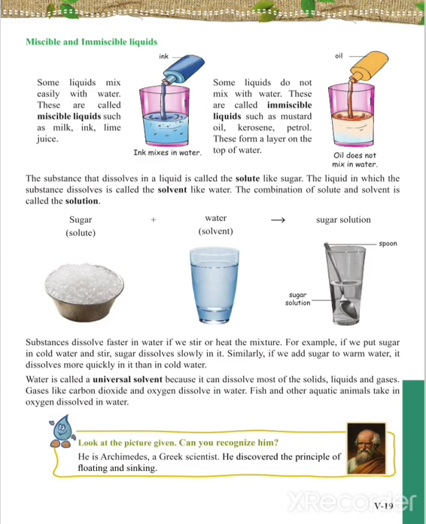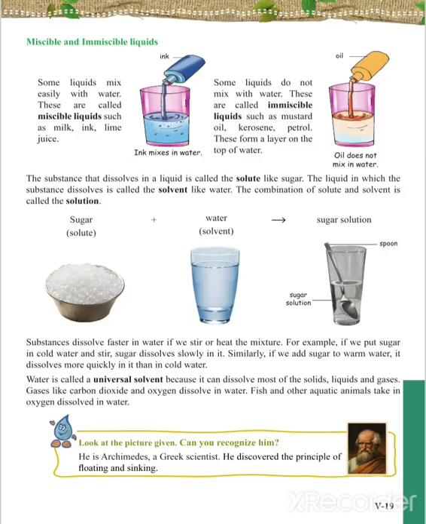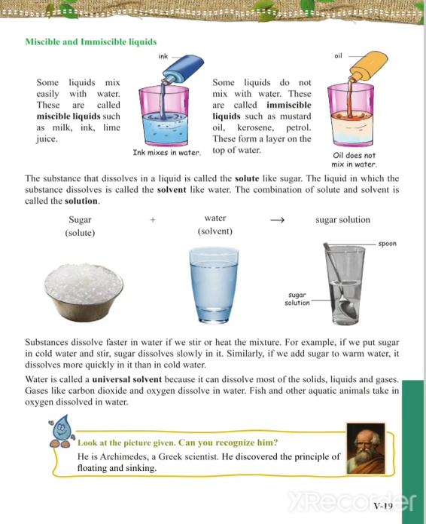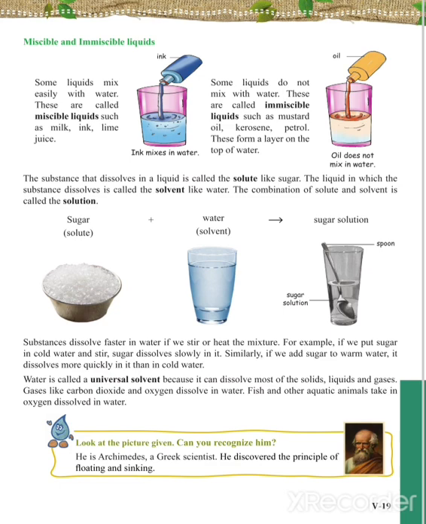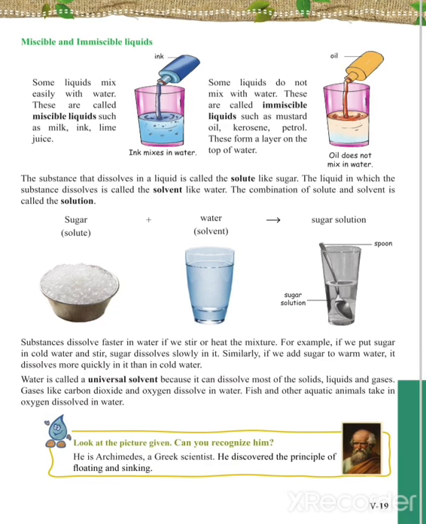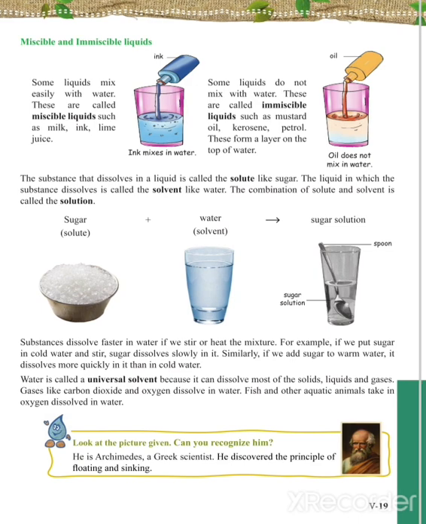At the same time, if we use hot water or warm water to mix the same amount of sugar, it dissolves faster. So it shows that if the solvent is warm or hot, the solution forms faster by mixing the solute in it.